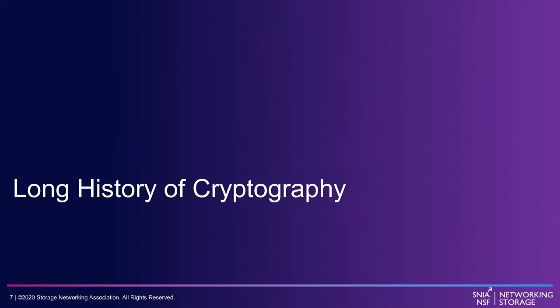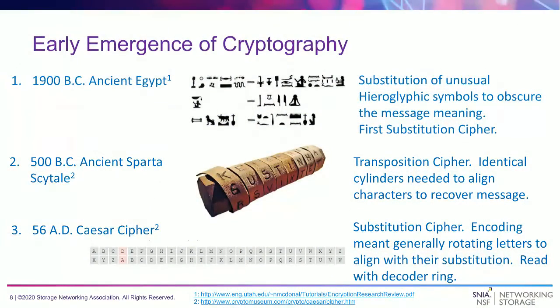Great. Okay, so the long history of cryptography. Let's see how far back we go, where people understood that messages were being coded, and coded for a reason. We go all the way back 4,000 years to ancient Egypt, where in a tomb they found messages in hieroglyphics that were clearly transformed from how they were originally written.